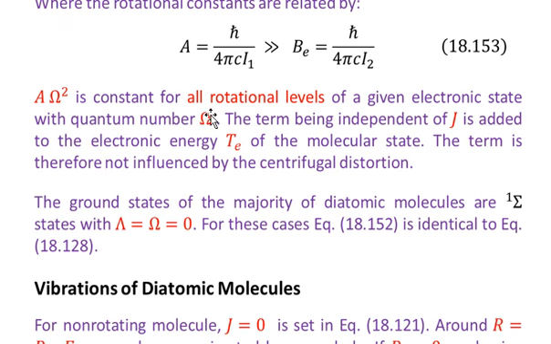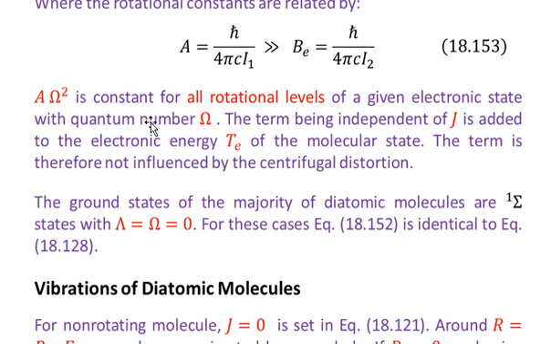A omega square is constant for all rotational levels of a given electronic state with quantum number omega. The term being independent of J is added to the electronic energy Te of the molecular state. The term therefore is not influenced by the centrifugal distortion. So let me read again this paragraph.